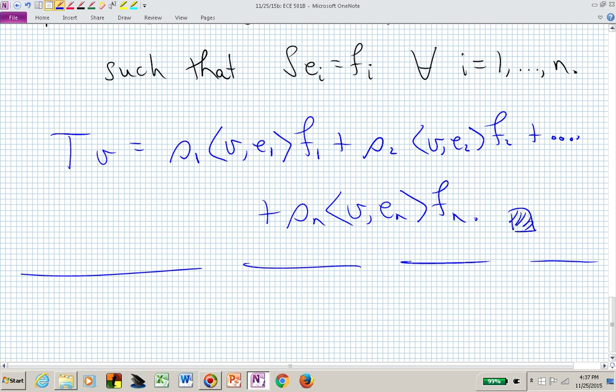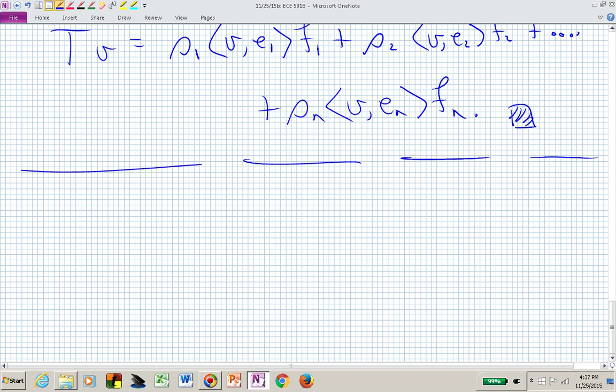It's almost impossible to say too much about this singular value decomposition.